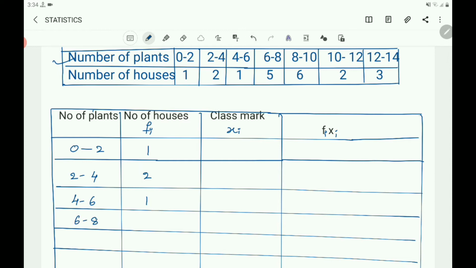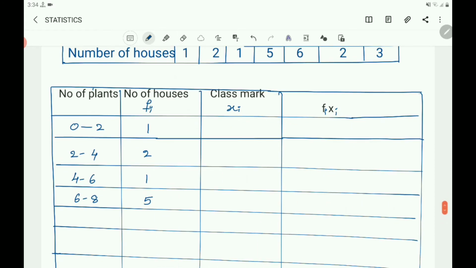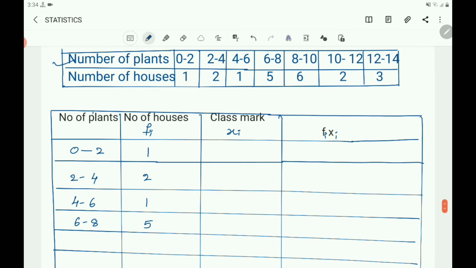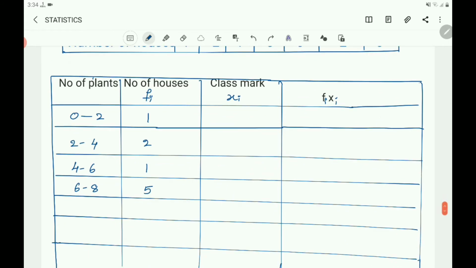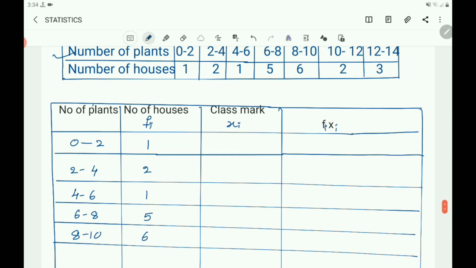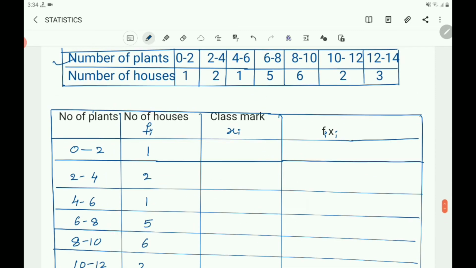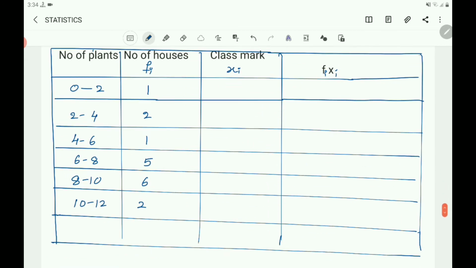Next 8 to 10, frequency is 6. Then 10 to 12, frequency is 2. And 12 to 14, frequency is 3.